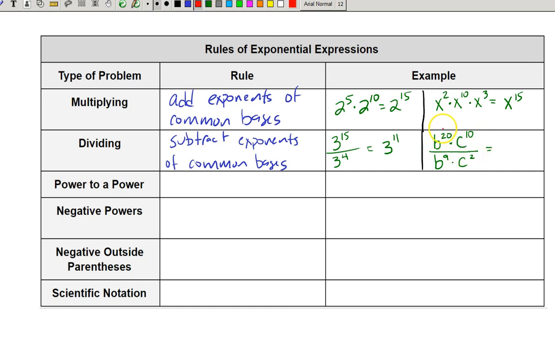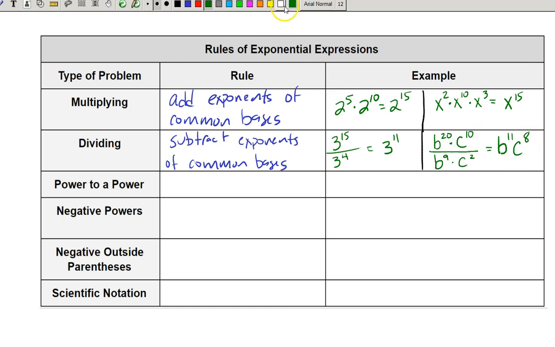If I'm dividing common bases here, I have the b as a base, but I also have the c as a base. So I could do these separately and say, well, this is going to equal b to the 20 minus 9, so I have 11, and then I would have to do c to the 10 minus 2, because they're dividing, and so that would be c to the 8th.